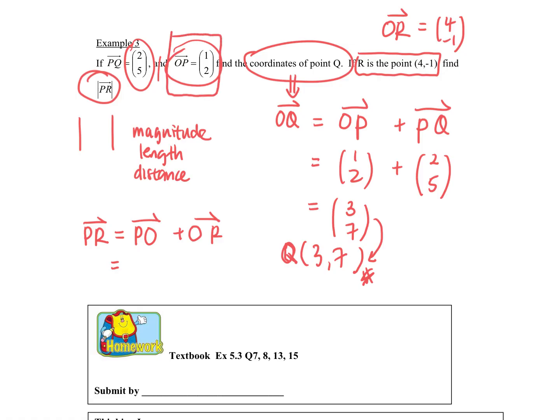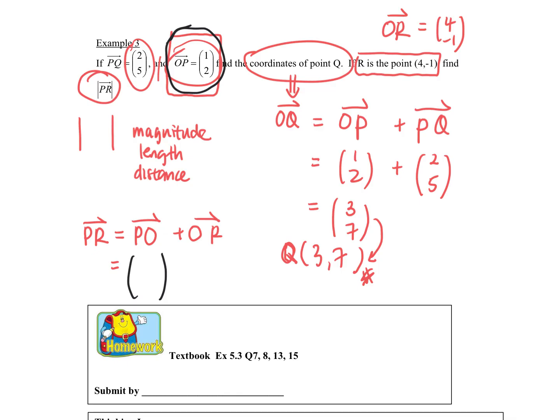Jamil, what is PO? I want PO, I don't want OP. Don't change the position. Stay where they are. But I want to reverse the direction. Reverse means you make it negative. -1 and -2.